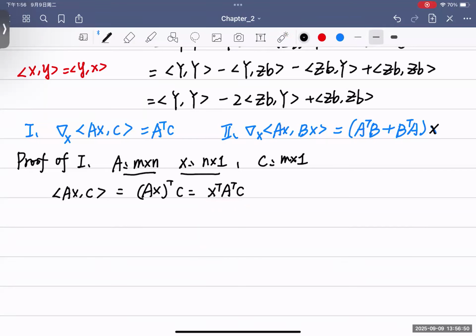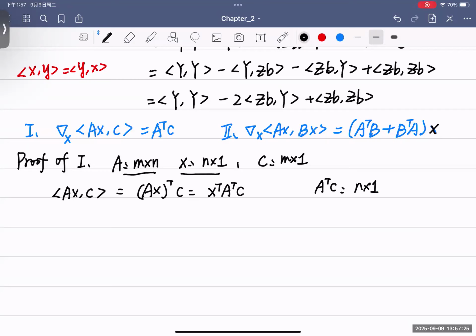We can treat this as two parts: one is x, the other is A transpose c. A is an m times n matrix and c is an m times 1 vector, so A transpose c is an n times 1 vector. This is something we mentioned earlier.